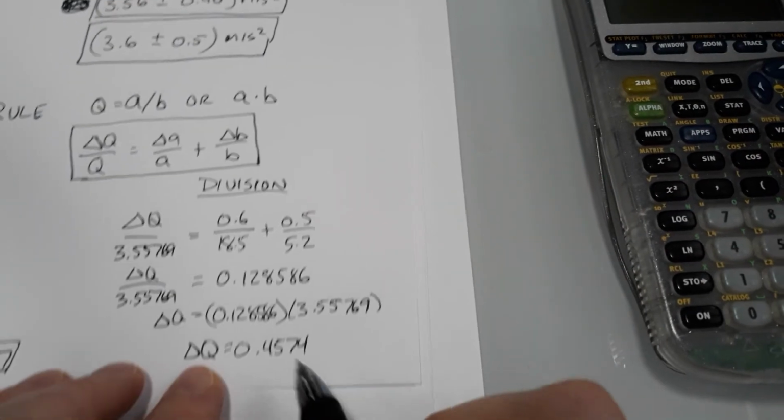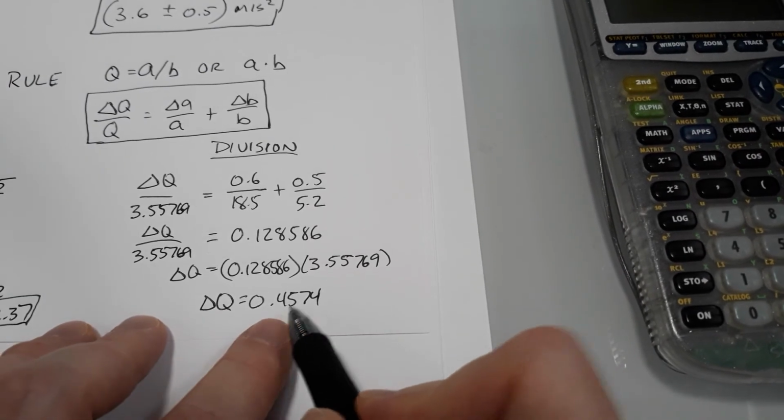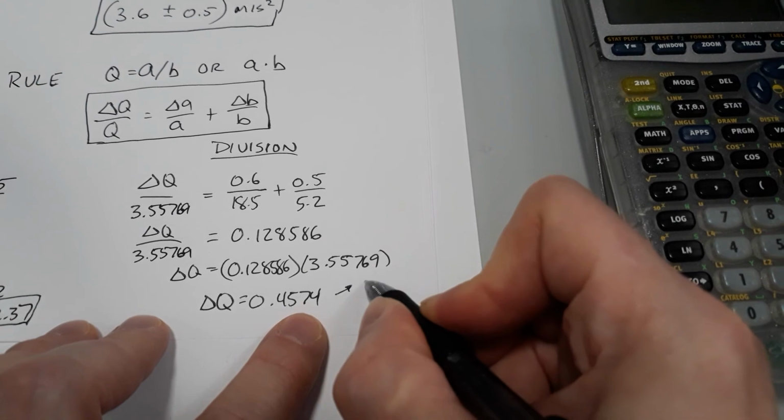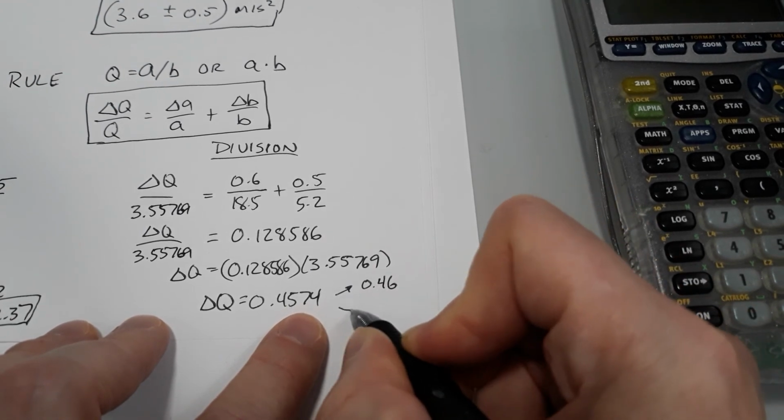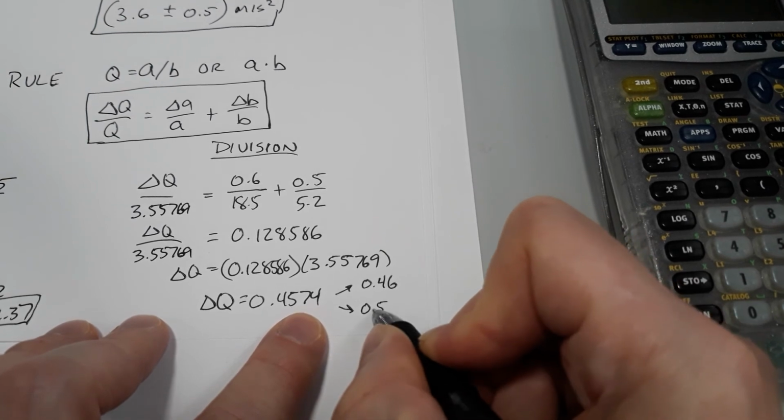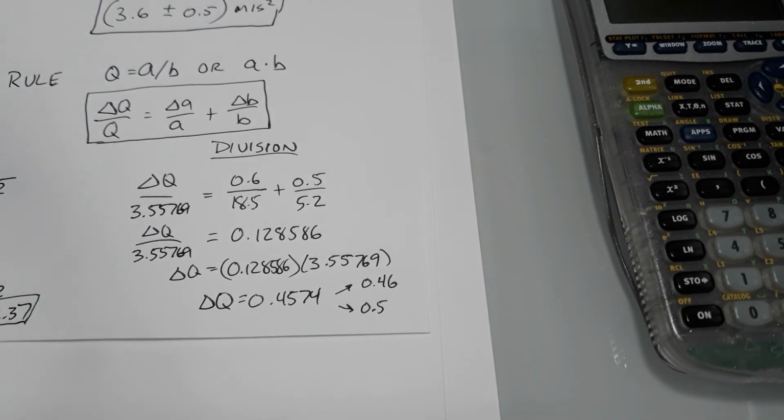So therefore, when I cut this down to 2 digits, it will be either 0.46 or 0.5, exactly as we got with our other calculation.